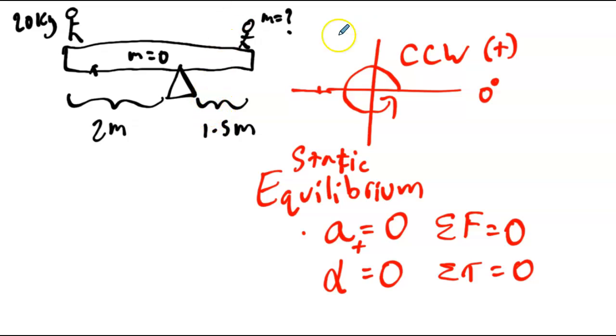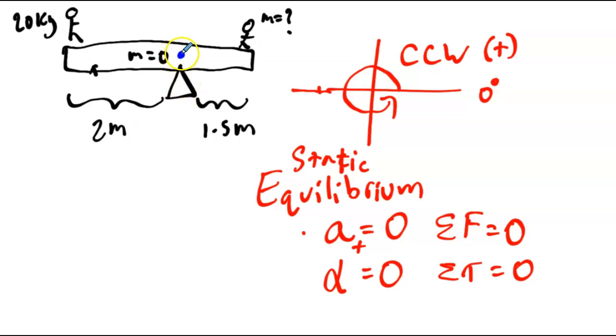So we can solve this a number of different ways, but a lot of times it's easy to say, I don't want to have to worry about the rotation that this is going to introduce. I don't want to pick my center of rotation to be the middle of the board because now I have to think about what this upward torque is going to be. But wherever the distance is 0, there's no torque.